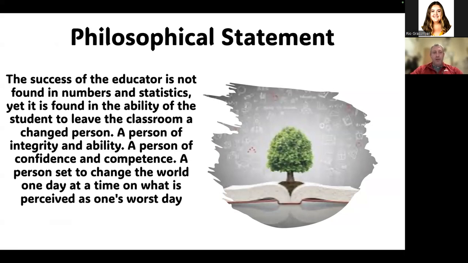Again, we have got to do more than just give basics. We've got to do more than just give them an understanding. We have got to support them and ensure that they leave your classroom every day a better person. They should leave the classroom a person of integrity and ability, a person of confidence and competence, a person set to change the world one day at a time on what is perceived as one's worst day.